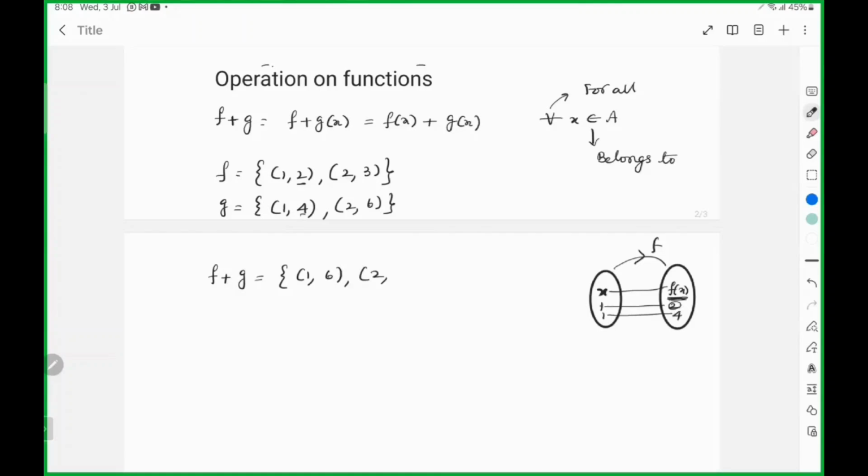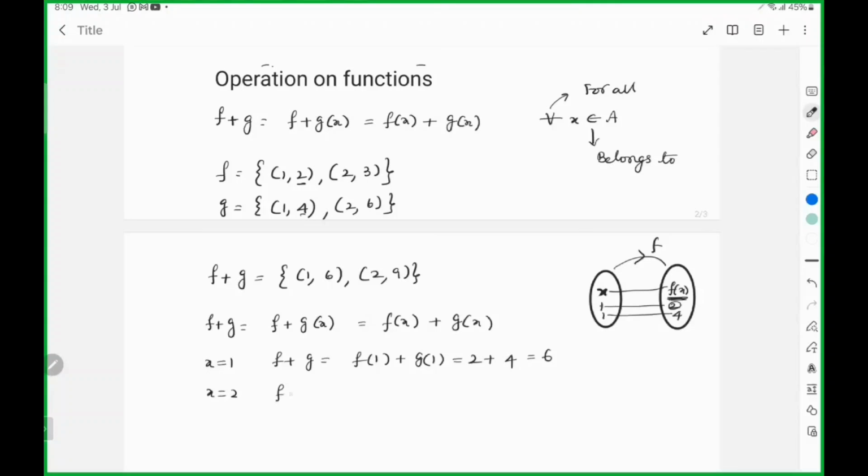2 plus 4, that is 6. We are not changing x to 3 plus 6. f plus g of x means f of x plus g of x. For x equal to 1, f plus g will be f of 1 plus g of 1. Here f of 1 is 2, g of 1 is 4, so 6. For x equal to 2, f plus g is f of 2 plus g of 2, 3 plus 6, 9.